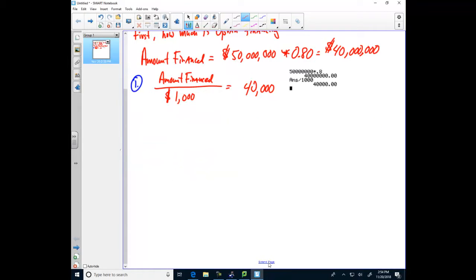Step 2 says what? Look up the rate and term in the table. So this is, let me back up here, from the table, what number is this? 15-1?